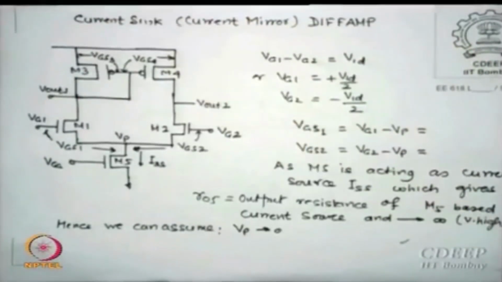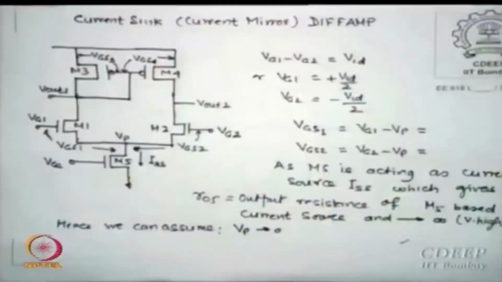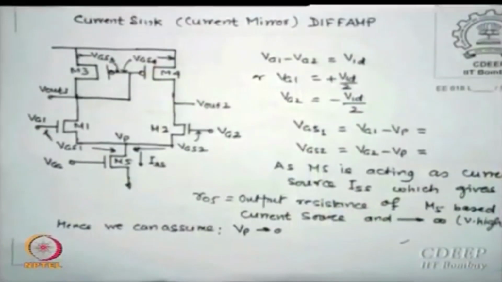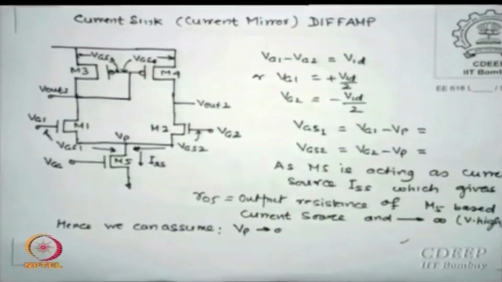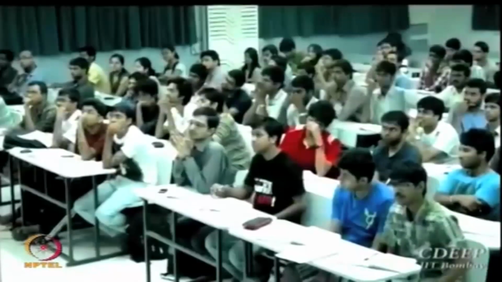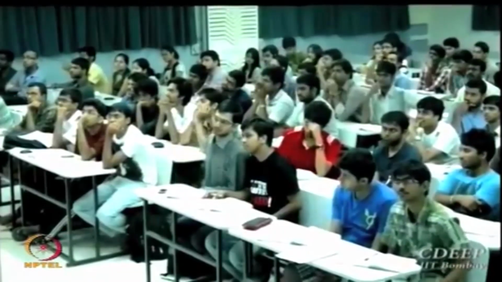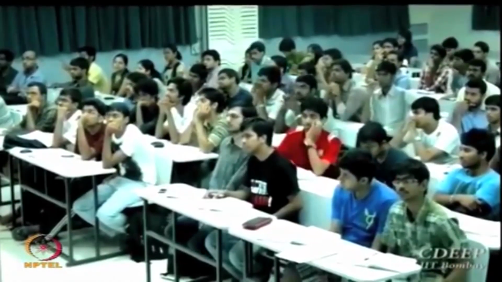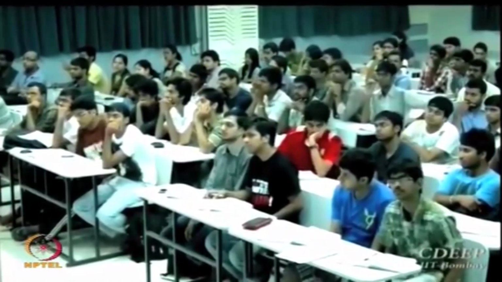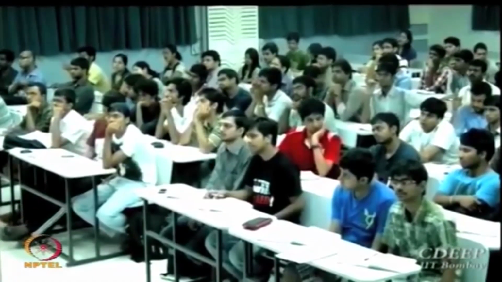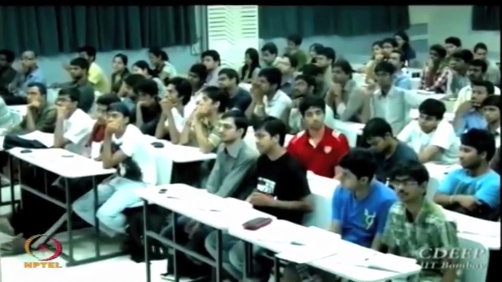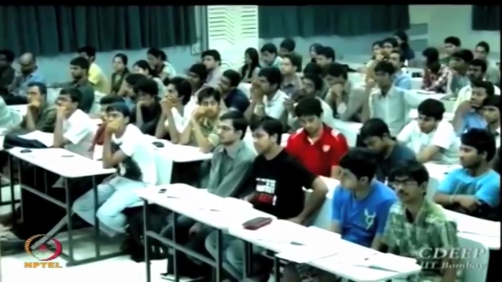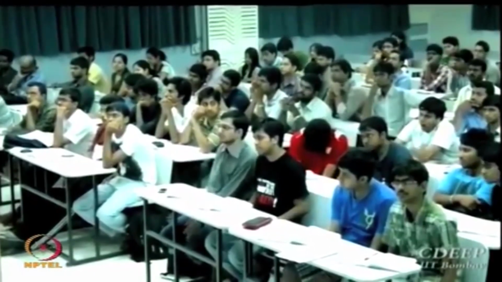So when I see the output, I now see I have two inputs, one at M4 and the other at M1, M2. So I must now superpose the two. I must get the voltage due to VGS4 and also the output due to VG2 or VID by 2. So I need both sources to be used in evaluating the V out. That is the interesting part, is that clear?